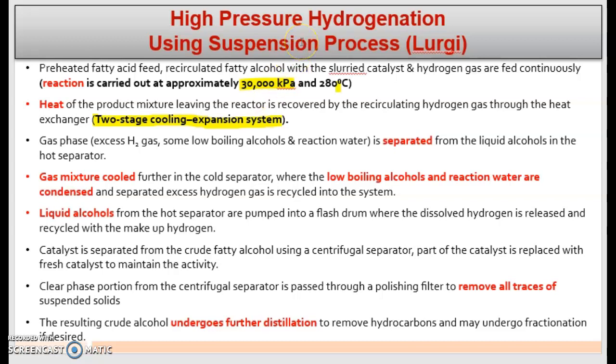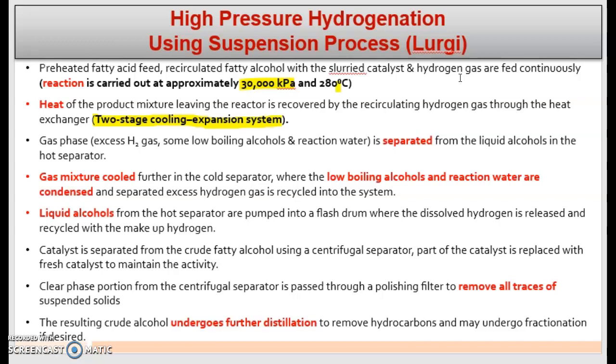Okay, so the suspension process is the process where your preheated fatty acid will be fed and will react together with the recirculated fatty alcohol, the slurry catalyst and the hydrogen gas, which are fed into the reactor.